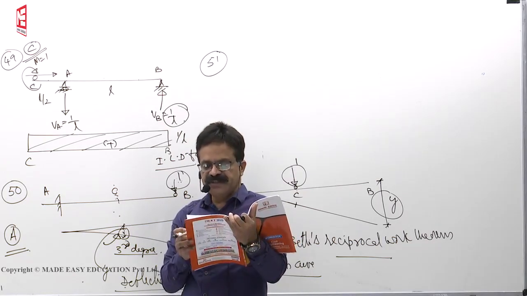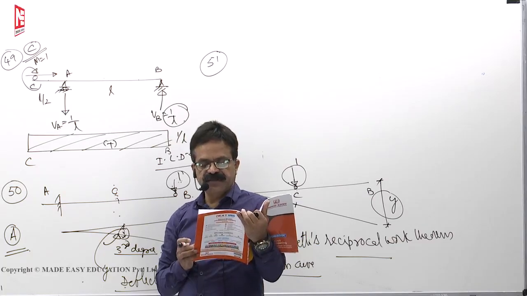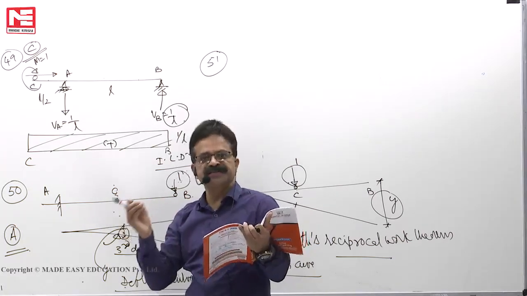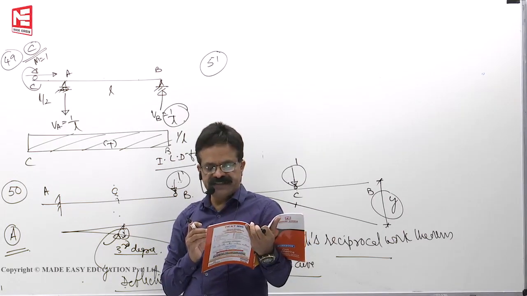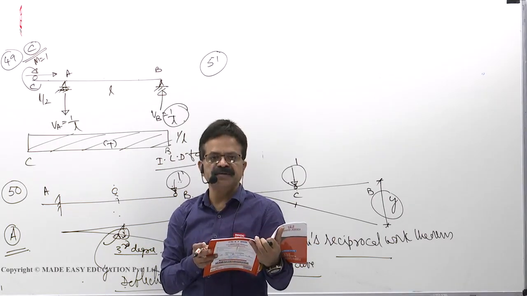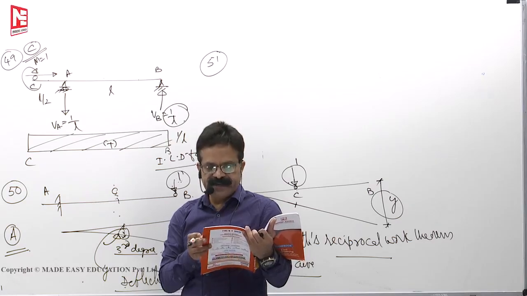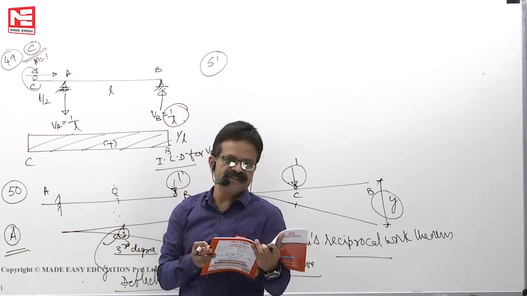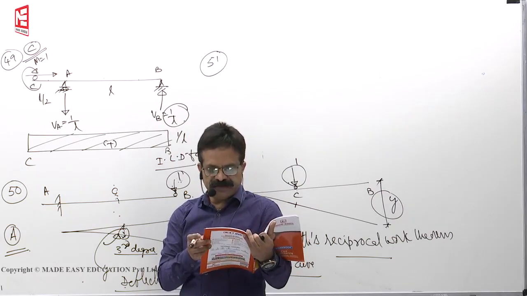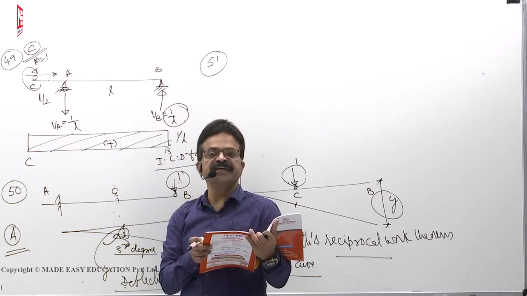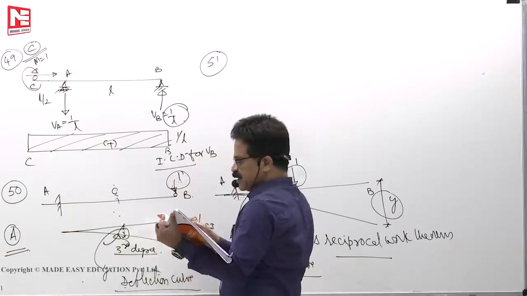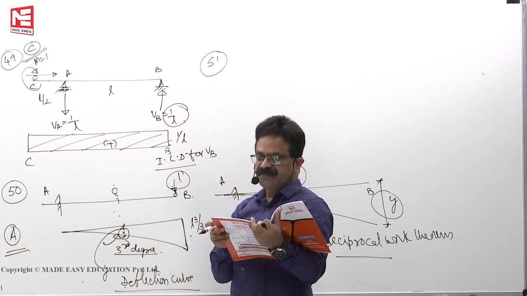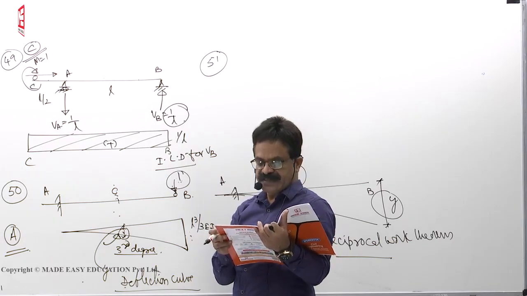It is also correct, but not the explanation, because how will you determine qualitative influence lines? From Maxwell's reciprocal deflection theorem, not because of the great value it has. It comes because of Maxwell's reciprocal deflection theorem or Bette's reciprocal work theorem, not because its determination is of great importance. So assertion and reason are correct, but the reason is not the correct explanation for finding qualitative influence lines.